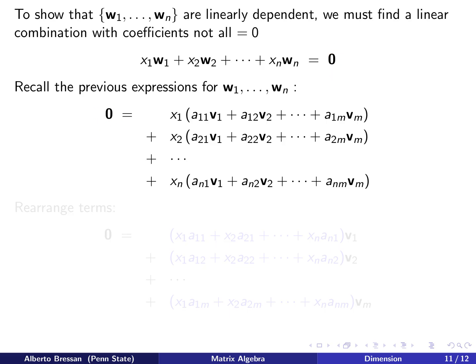Let's start with 0 equals x1 times W1. So we fill in the W1 from the previous page. And now the second line is x2 times W2, and that is the expression for W2. And so on and so forth. And the last one is xn times Wn.